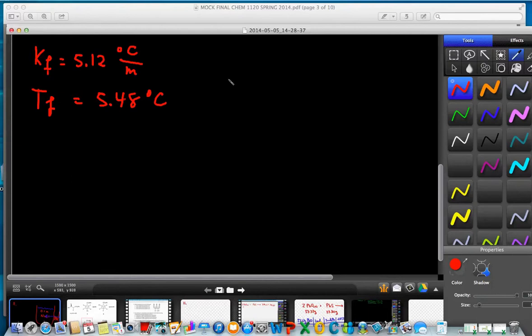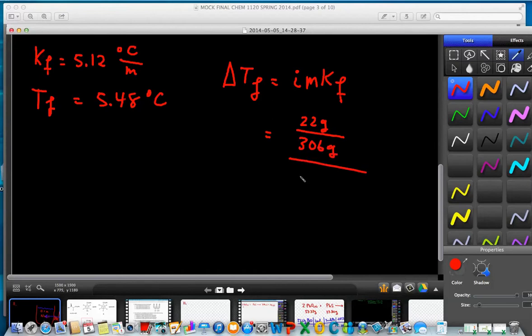And so remember that the change in the freezing point is equal to i, which in this case will be 1 because we're talking about molecules, times m times Kf. We have 22 grams. The molar mass of that molecule is 306 grams, and it is in 0.4 kilograms.